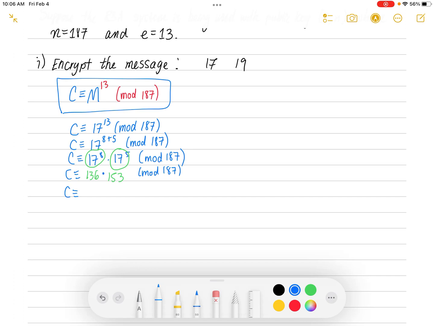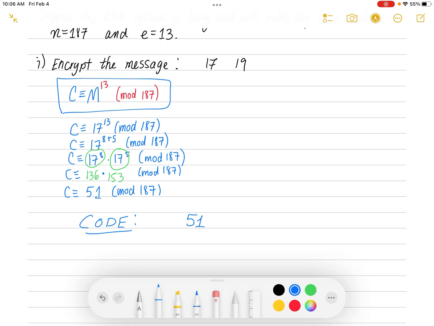I'm going to take 20,808 minus 187 times 111. I get 51. So that's how you can do that with a simple calculator. So here my code, so far, I have 51 in place of 17.